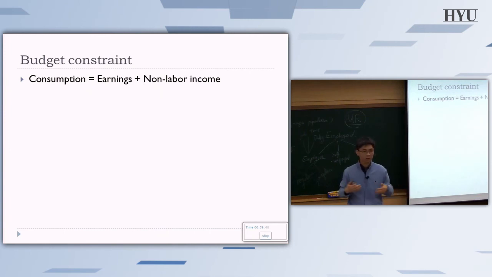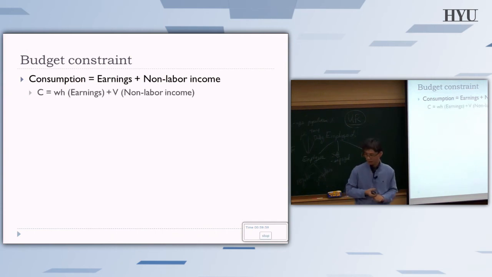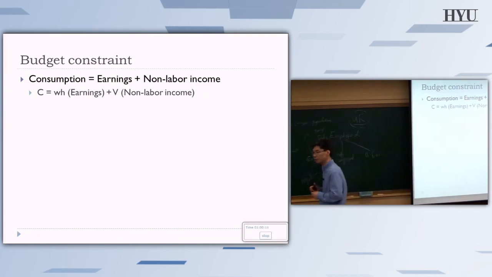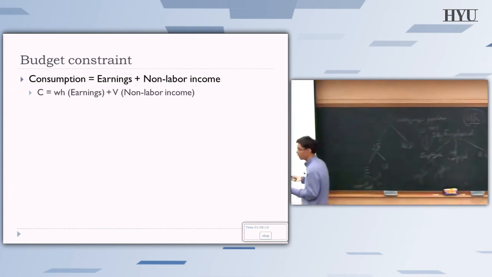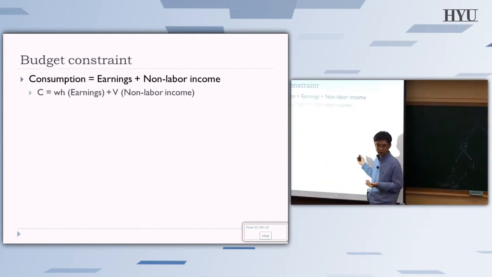The total income consists of two things: earnings, the income earned from work, and non-labor income. So the total consumption is C. Earnings are from work, so the income is the hourly wage times the number of working hours, WH. That's earnings, and we have V, non-labor income. This is the starting point of our budget constraint.